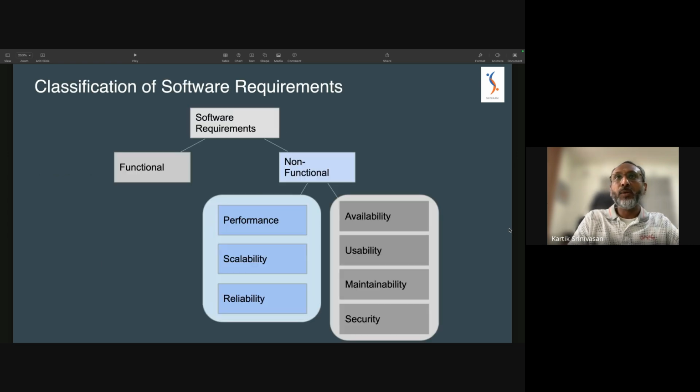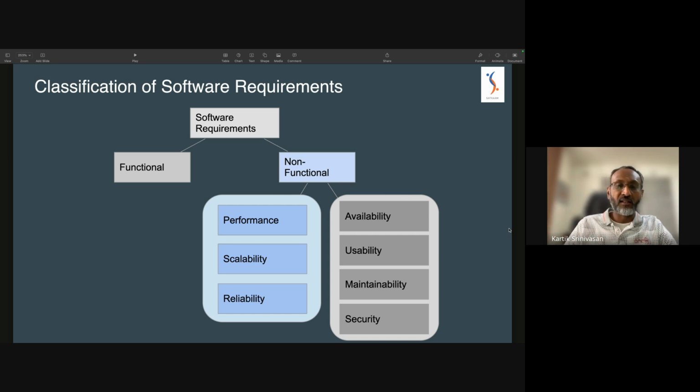Now, if we were to maybe draw this out and try and look at a classification map between functional, non-functional, etc., right? So today's session is going to focus on the blue box on the non-functional requirements around performance, scale, and reliability of software products. There are many other non-functional aspects of software products too: availability, usability, maintainability, security, and many more.